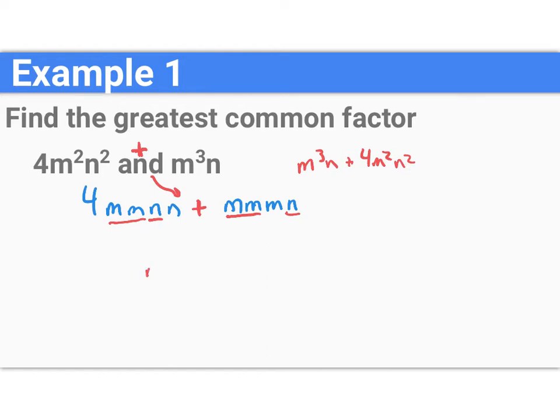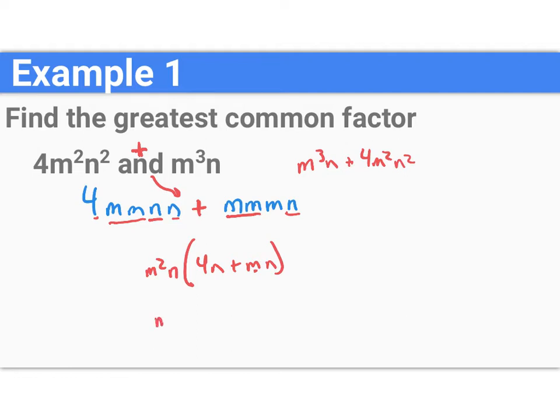So if I put m squared n on the outside, what will I have left on the inside? I will have on the left 4 and n plus m and n. And as you can see, m is first in the alphabet as you go through the alphabet.